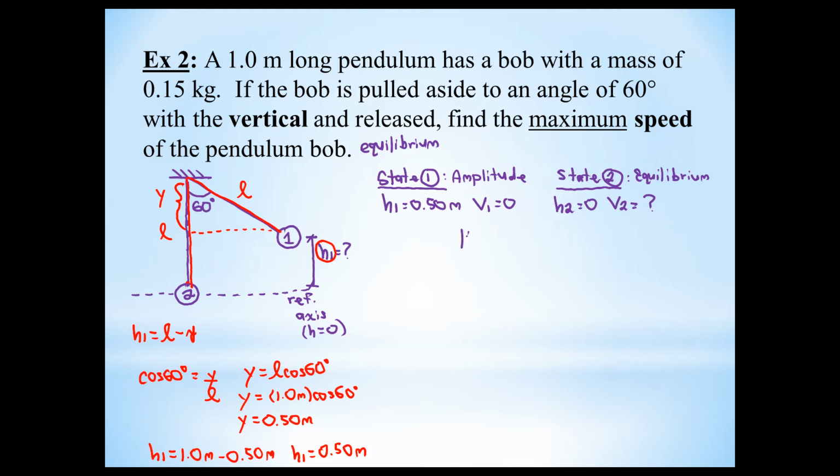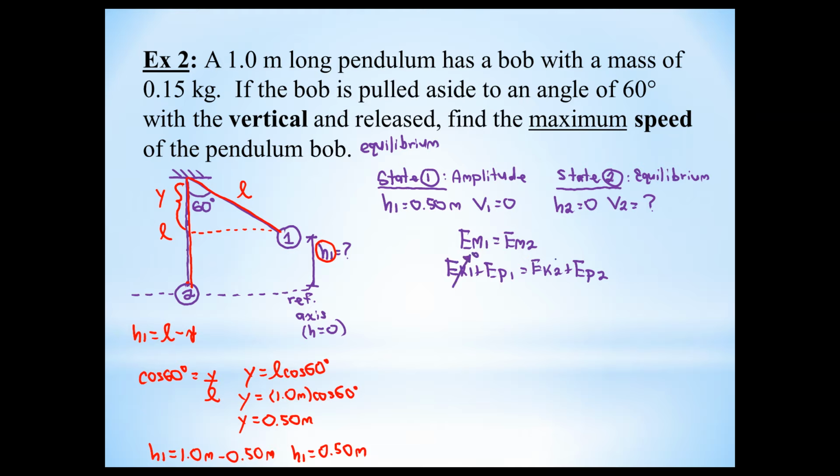Okay, so the mechanical energy at state 1 would be equal to the mechanical energy at state 2 because we're dealing with an isolated system. So this would be EK1 plus EP1 is equal to EK2 plus EP2. At state 1, I don't have any speed, so get rid of the kinetic energy term.